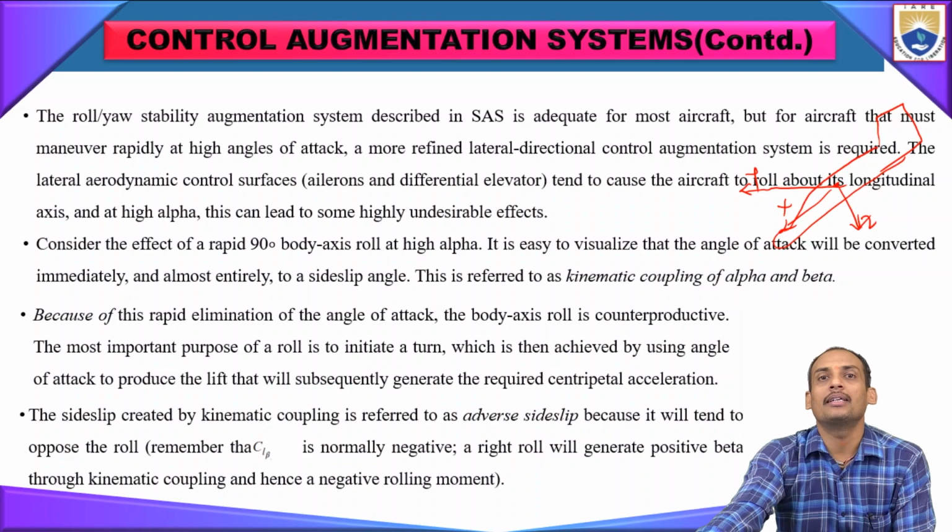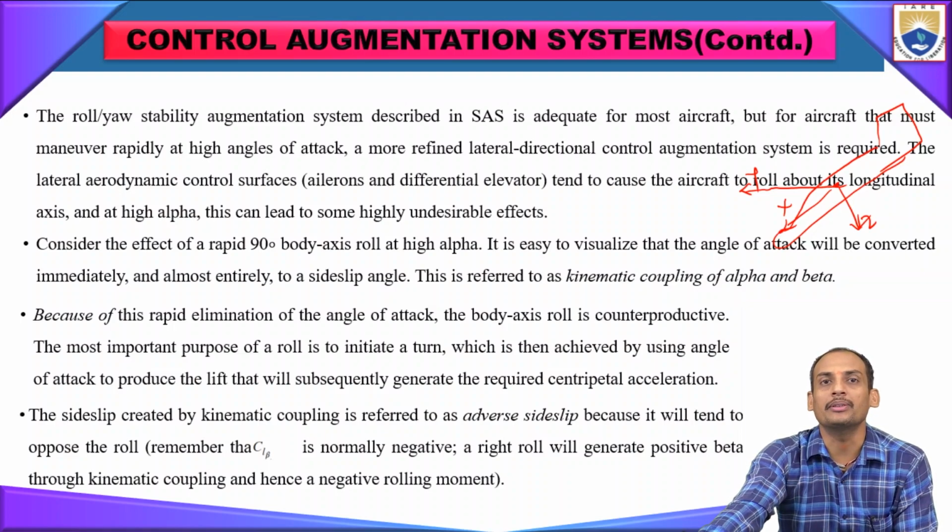Here, for the lateral and directional movement we need to choose the angle. The angle of attack is with respect to the body y-axis and x-axis. With the 90 degree body axes given here, that gives you the angle of attack, alpha.